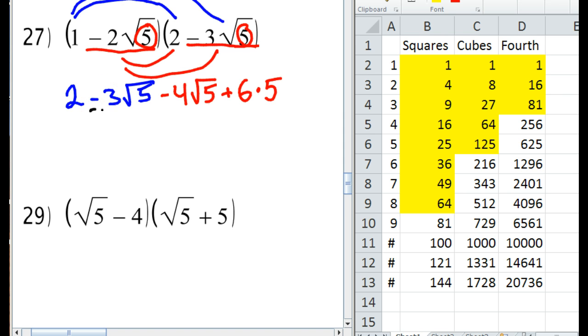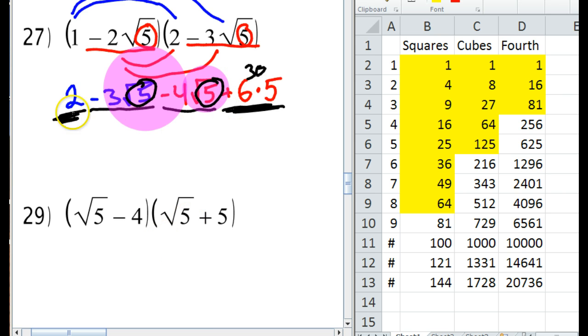These go together because they have the same radical. But also 2, and this is 30, right? Those go together. So you can combine numbers together and then radicals that have the same number together. So we have 2 and 30 is 32. Negative 3 minus 4 is negative 7.